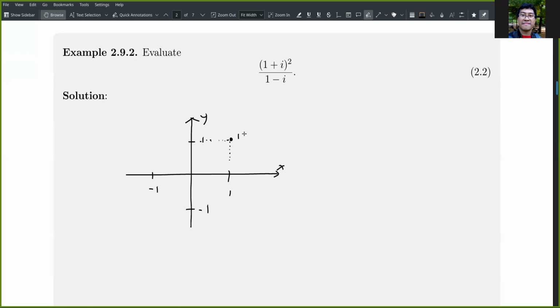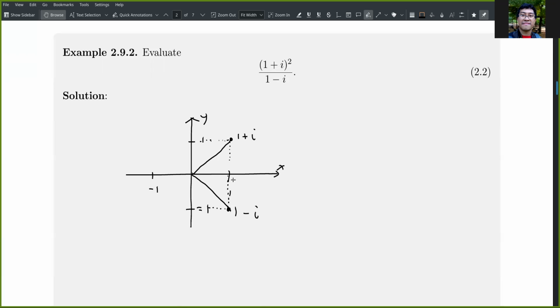So that's our 1 plus i. 1 minus i, real part 1, imaginary part is minus 1, so that's over here. This is our 1 minus i.